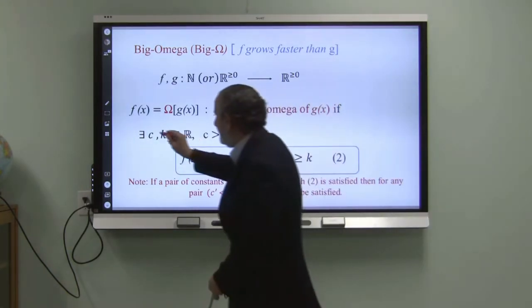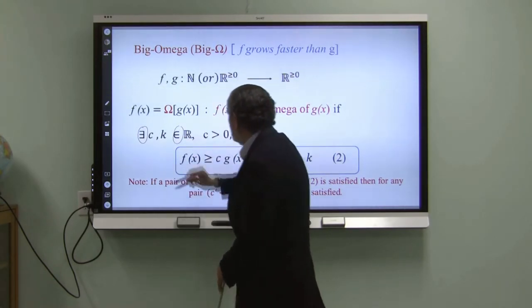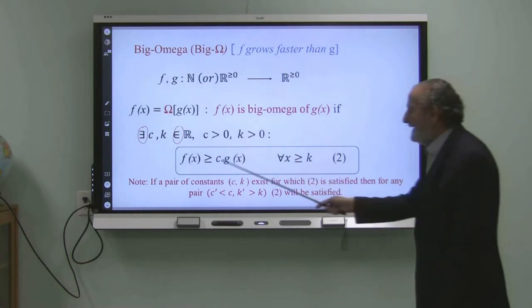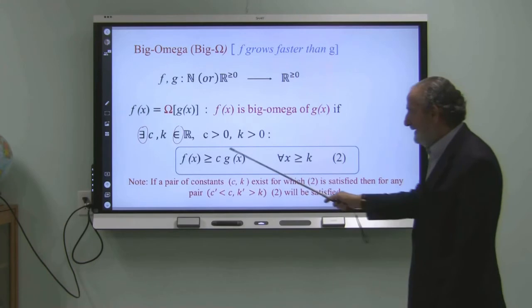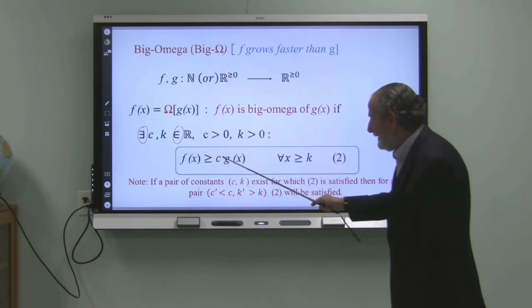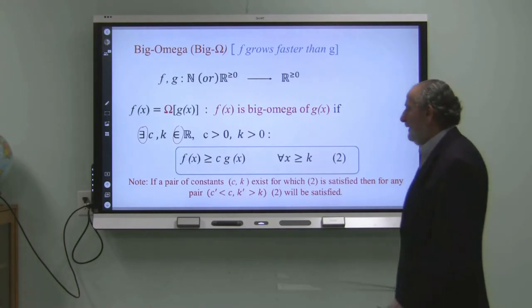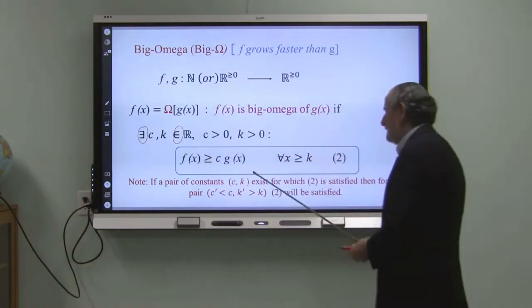This means they exist, and this means belongs to, okay? So now f(x) is greater or equal than c g(x) for any x greater or equal than k. So now I have a bound below to f(x).